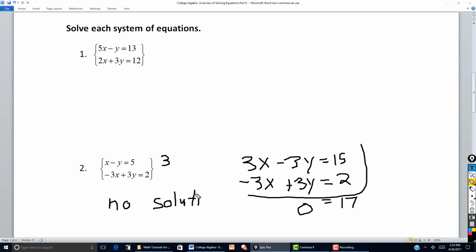Now sometimes you'll hear the word inconsistent, or the system is inconsistent, or you'll hear the word consistent if the system has a solution, whether it's infinite or just one solution. So consistent refers to the system having a solution. Inconsistent system refers to no solution. So in this case we have no solution.